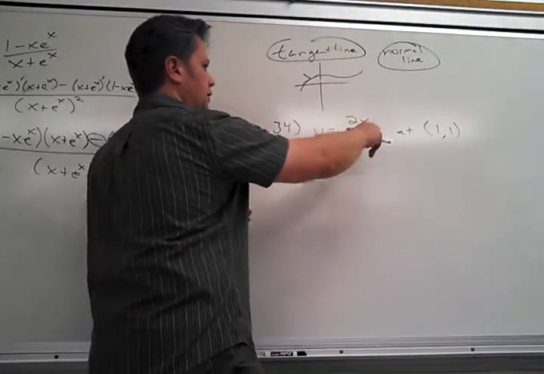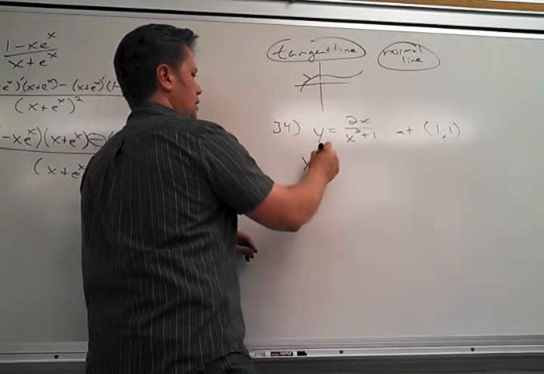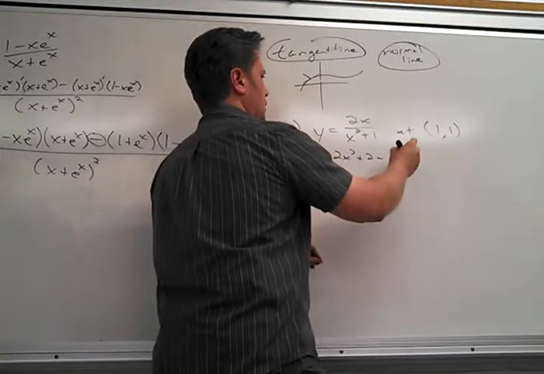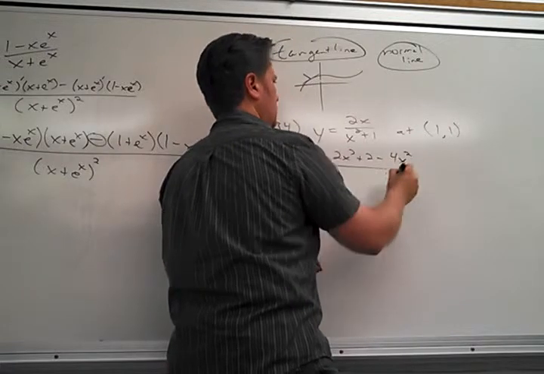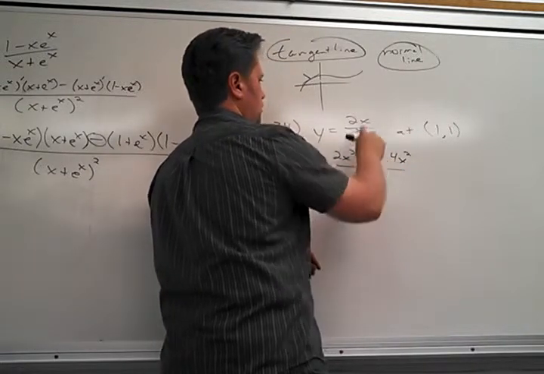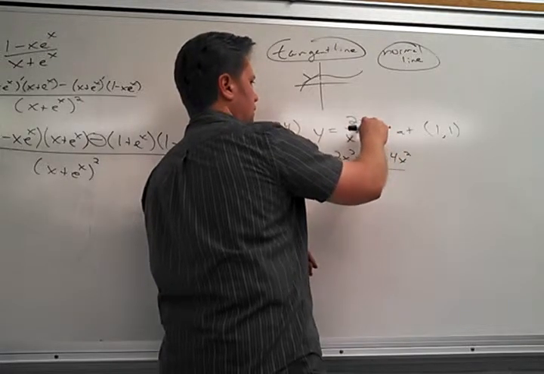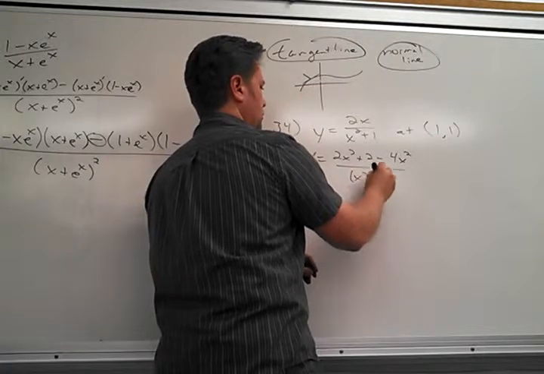But if you do this and you find the slope, now I kind of want to do it. 4x squared. So you get 2x squared plus 2 minus 2x times 2x, so 4x squared, right? So it'll be twice this minus 2x times 2x over x squared plus 1 squared.